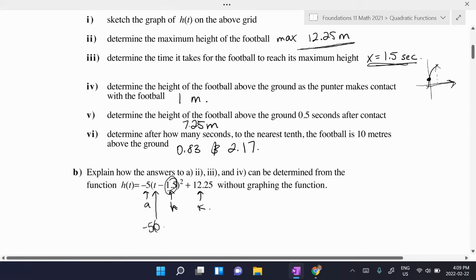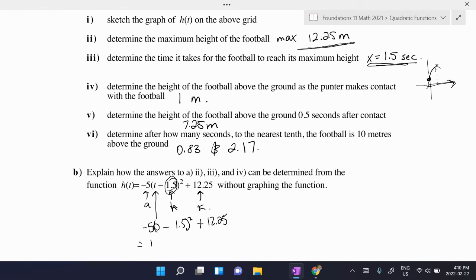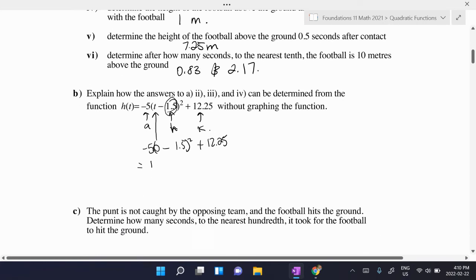So -5 times (0 minus 1.5) squared plus 12.25. You stick that into your calculator, and that should equal 1. Because when time starts, x is equal to 0, right up here. That's the point where we need to figure it out.